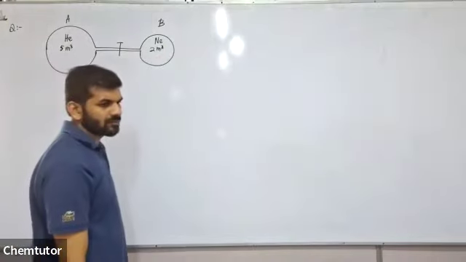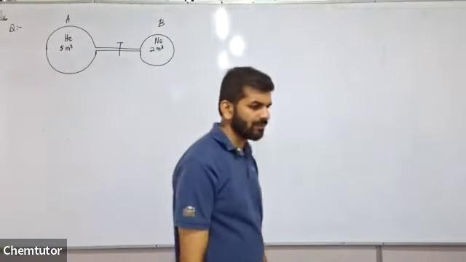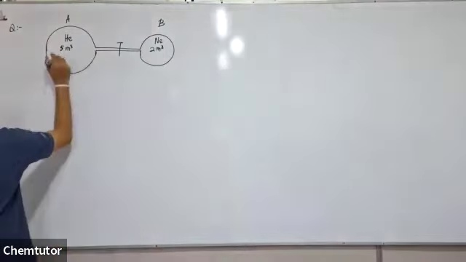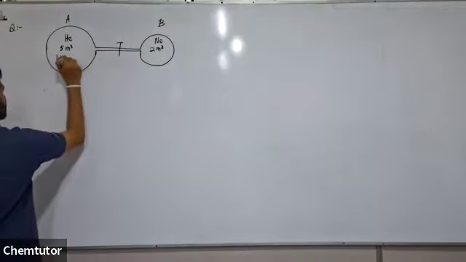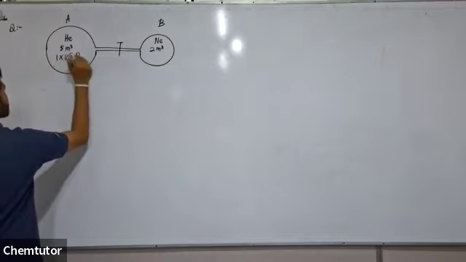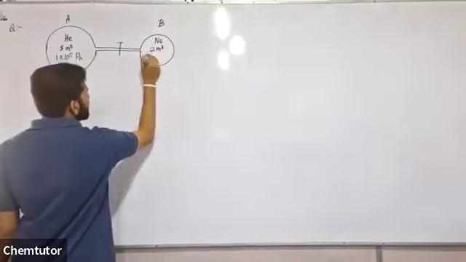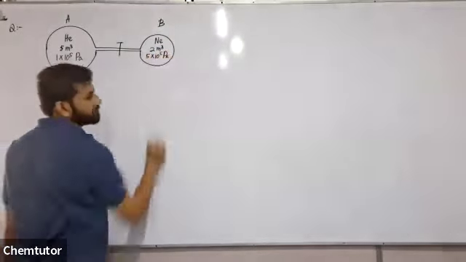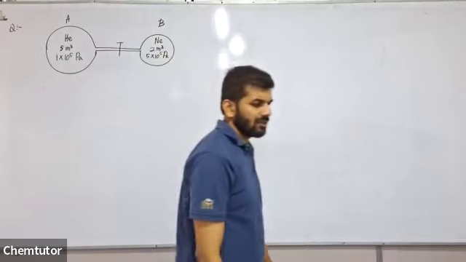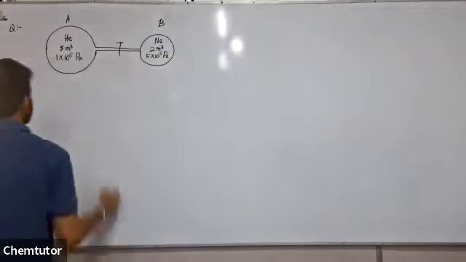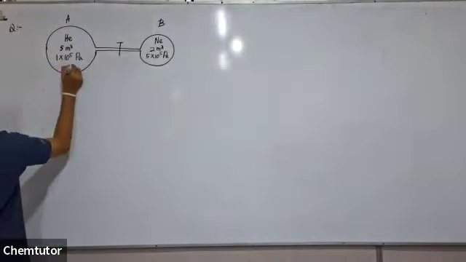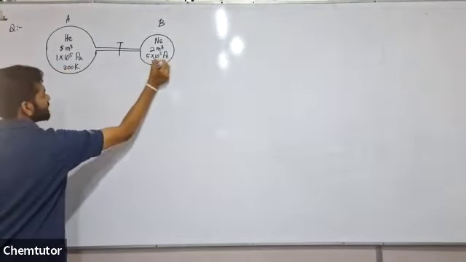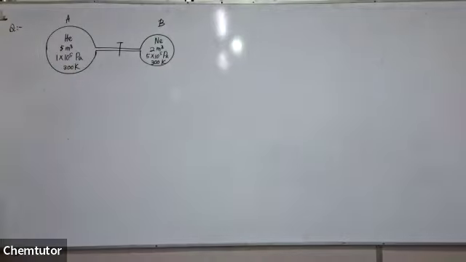The pressures inside them are 1 into 10 to the power 5 pascals in this one, and 5 into 10 to the power 5 pascals in this one. Then the temperatures in these two bulbs are both 300 Kelvin. So that is the initial system.